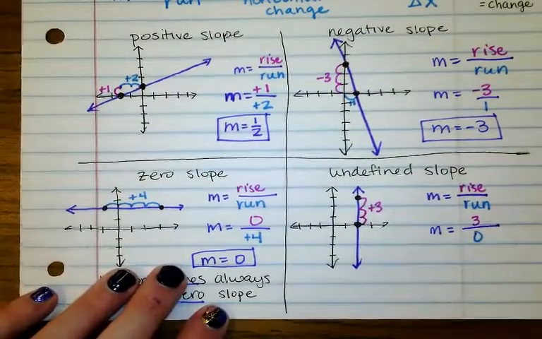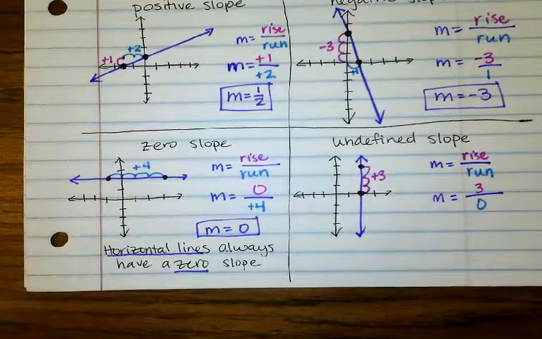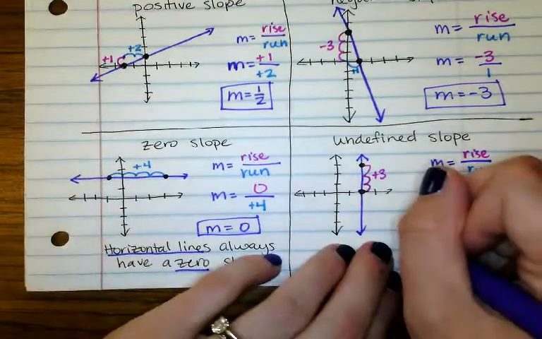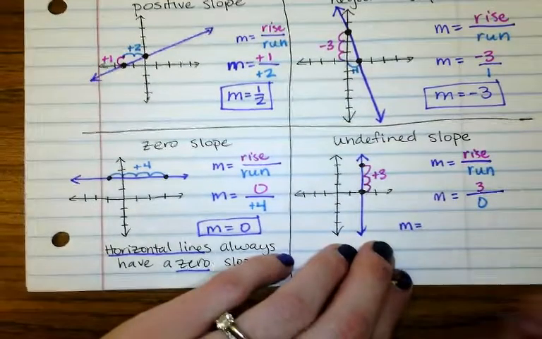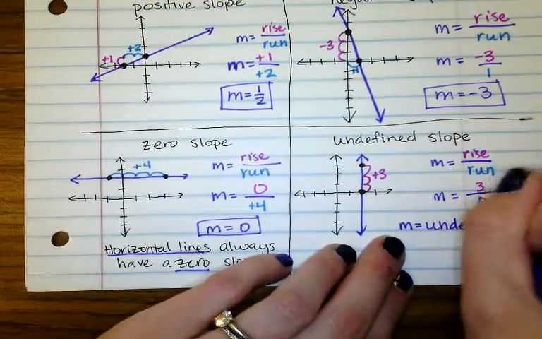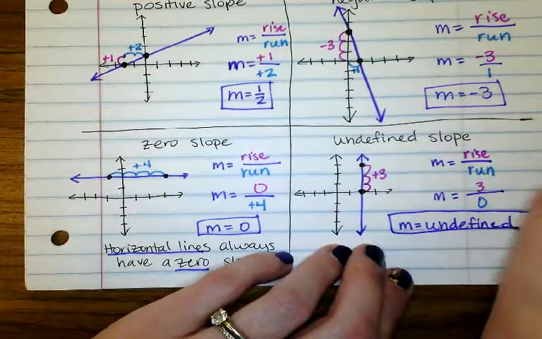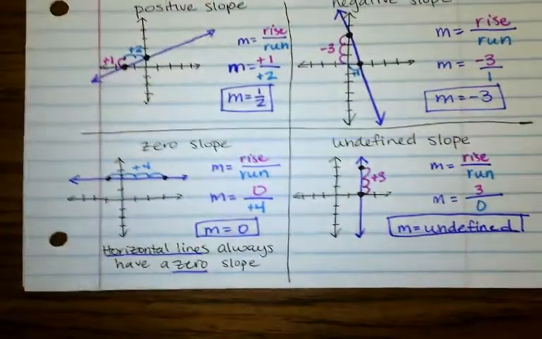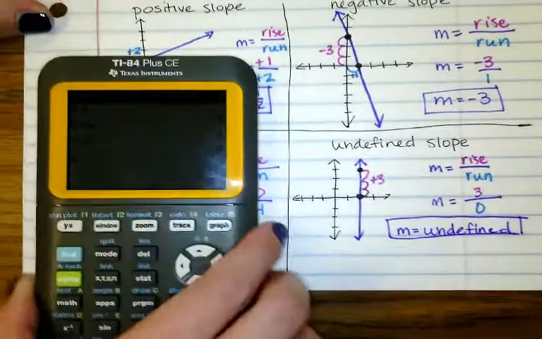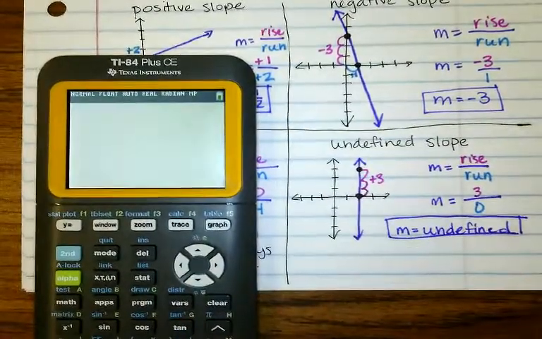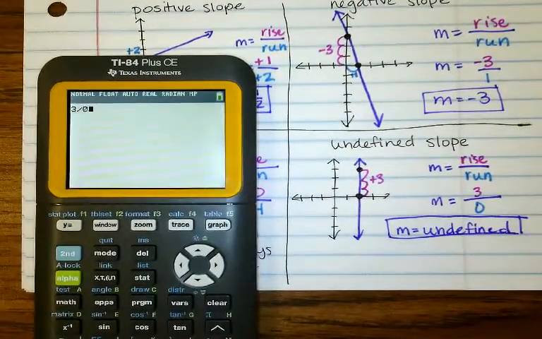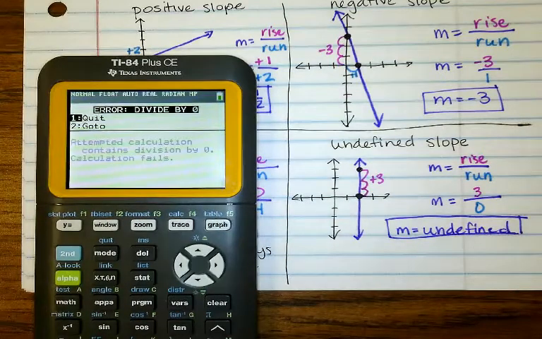And guys, anytime you do a number divided by 0, it will give you an undefined slope. Okay? If you actually do it in your calculator, any number divided by 0, in this case 3 divided by 0, it says error, divide by 0. The calculation fails.